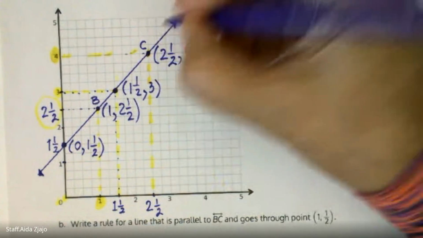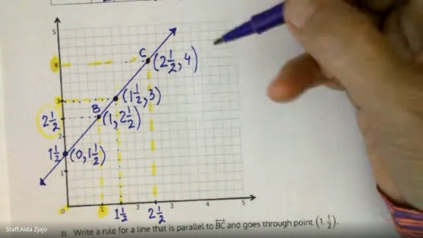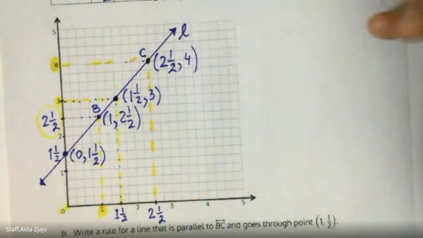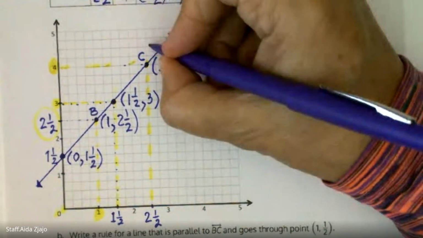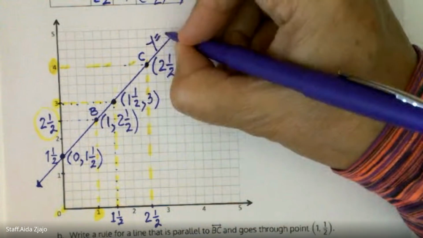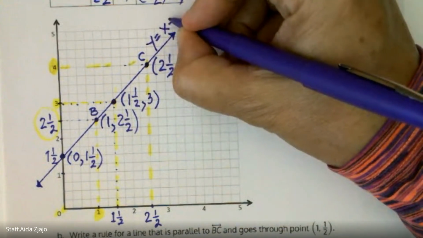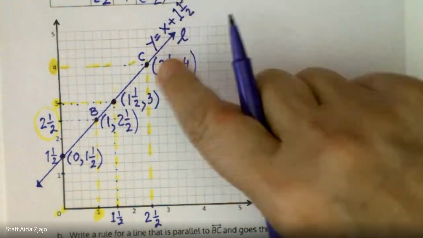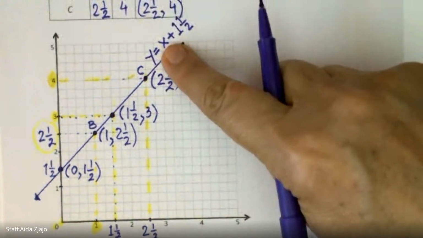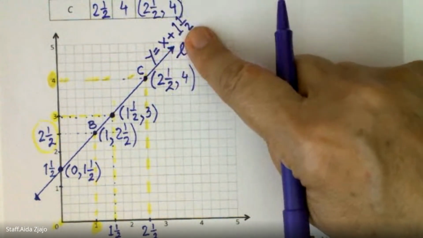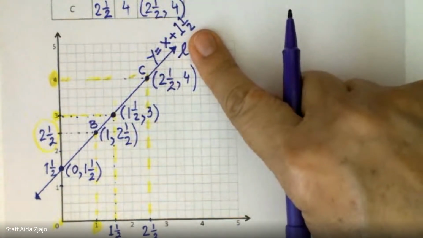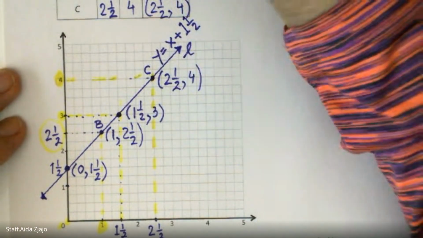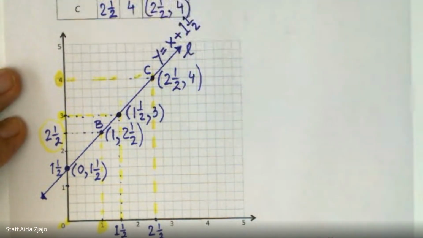So if I label this line, for example, line L, to find y, you need to have x and you need to add 1.5 to it, and then you will get y. So our rule is x plus 1.5 for this line.